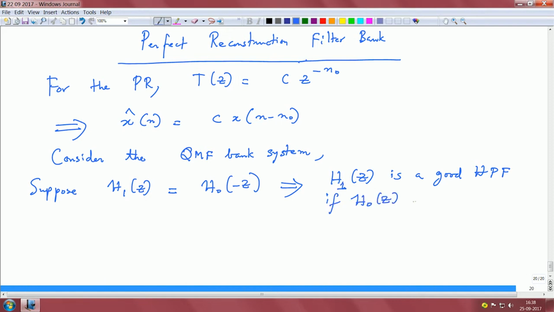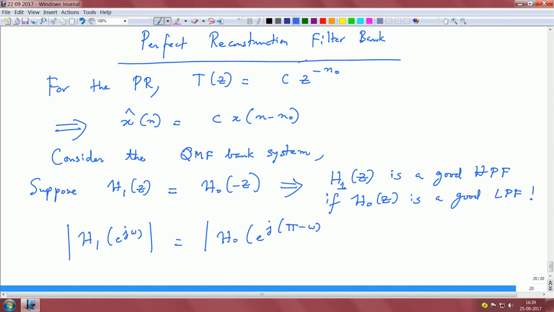H naught of Z is a good low pass filter. If H naught of Z, your base filter, is a very good low pass filter with good properties, then H1 of Z is a very good high pass filter, and it is obvious to see that the magnitude of H1 of e^{j omega} is basically the magnitude of H naught of e^{j(pi minus omega)}, and the minus 1 accounts for this factor.